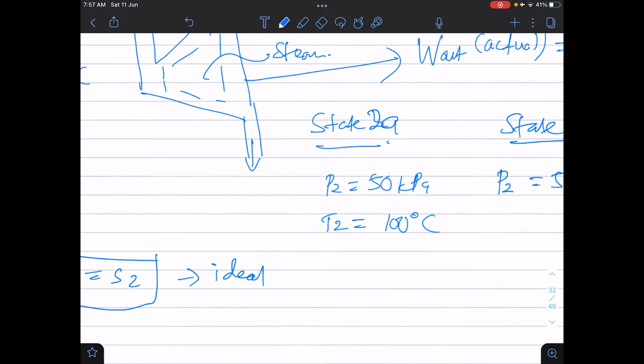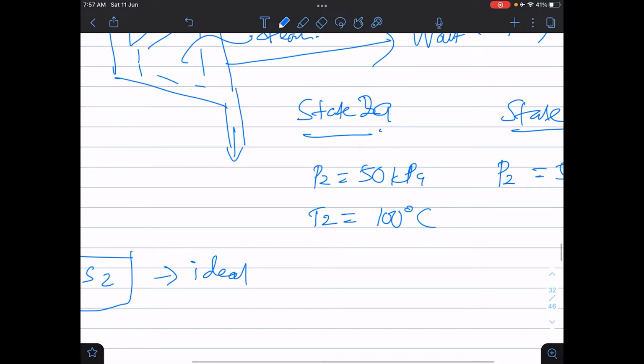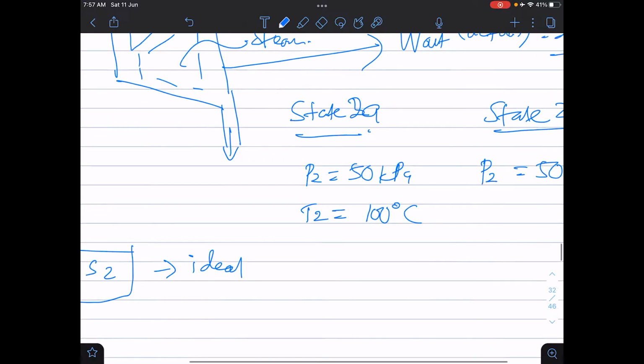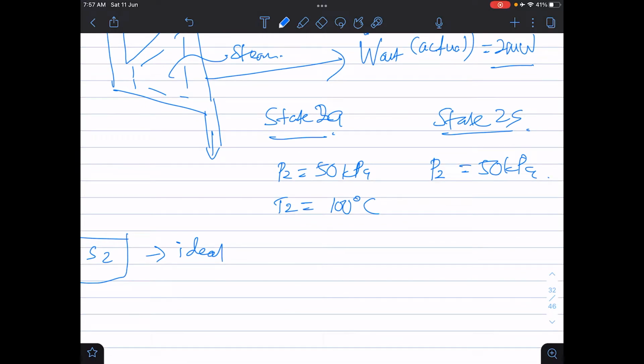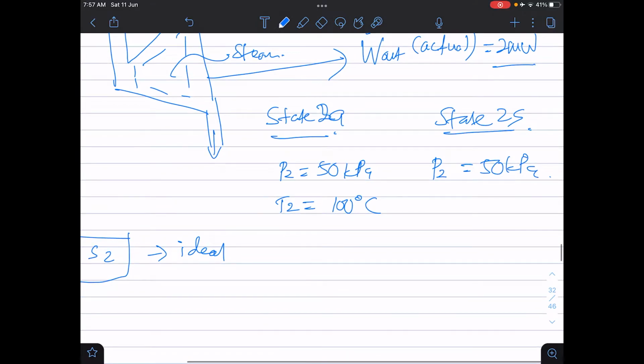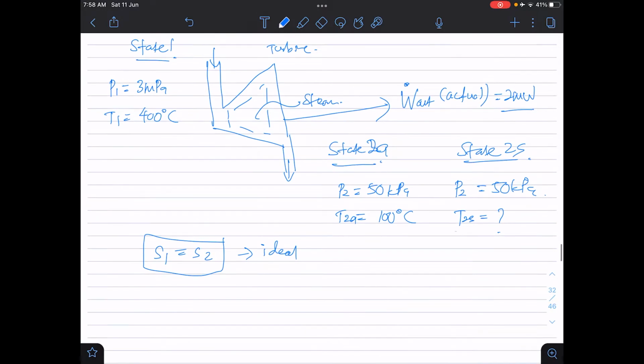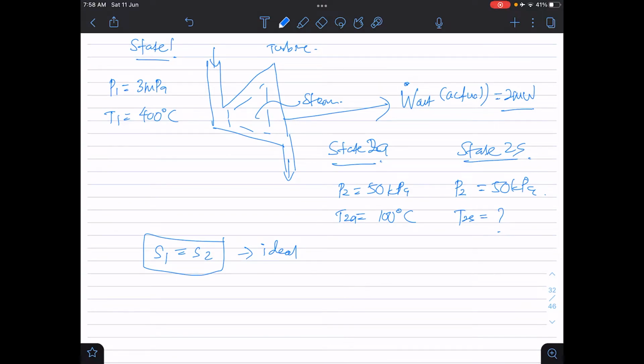So here, instead of P2, you can put P2A, or you can just leave it like that because the pressure is constant. But for temperature you should put T2A for the actual one, and for the ideal one you put T2S, which we need to find. So how do we find T2S here?